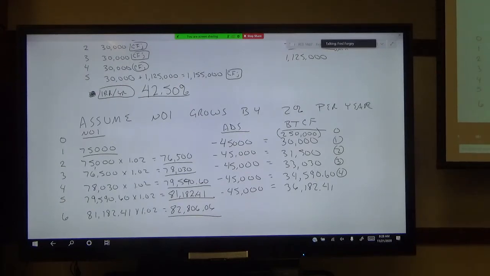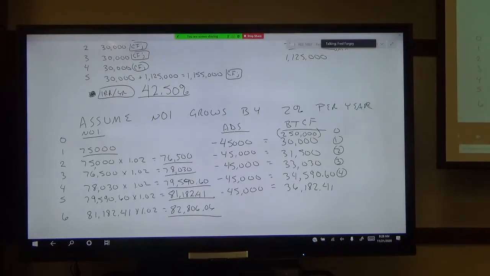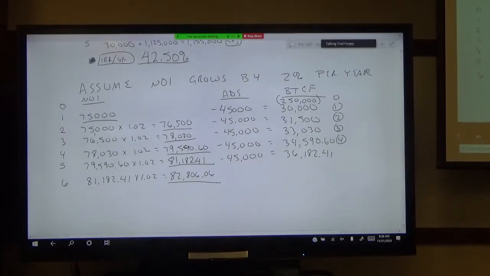So we're going to stick with the 4% cap rate, but what we're going to do is take the year 6 NOI and divide it by the cap rate of 4%.